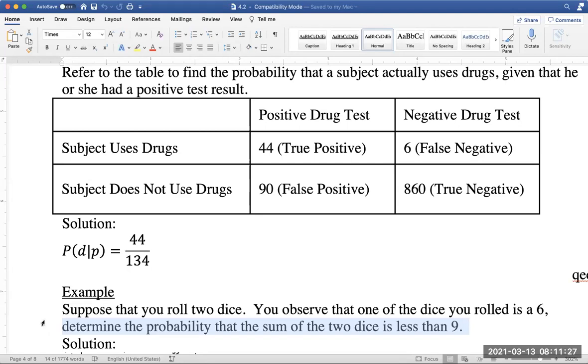However, that logic is completely false. You're not taking into account your additional information that 6 has been rolled.